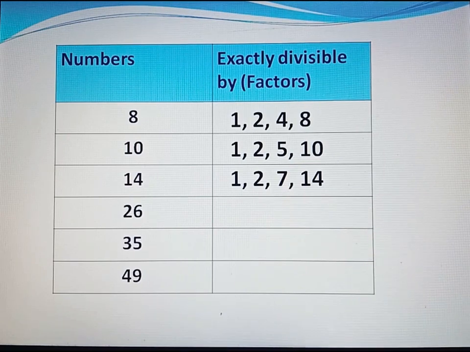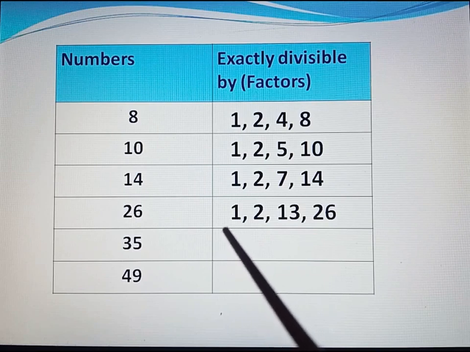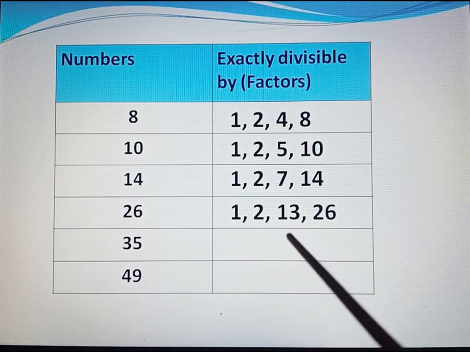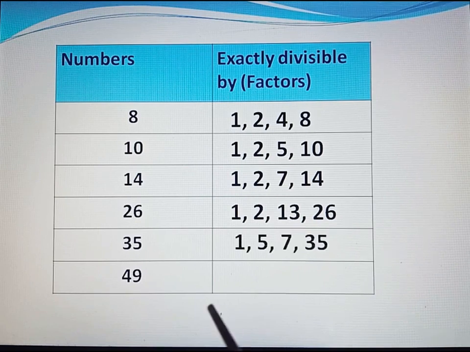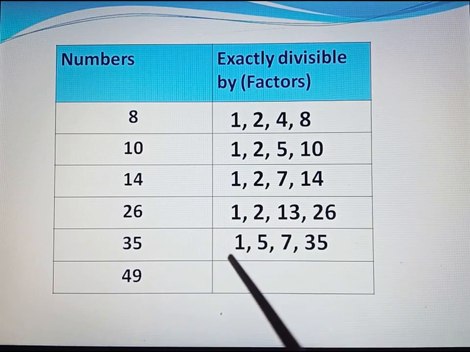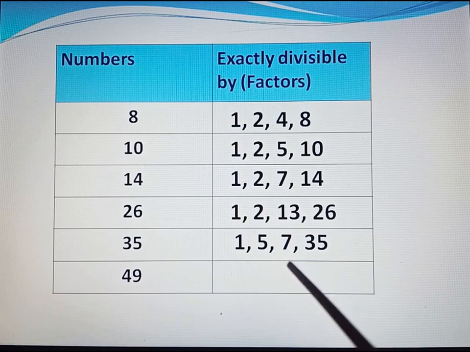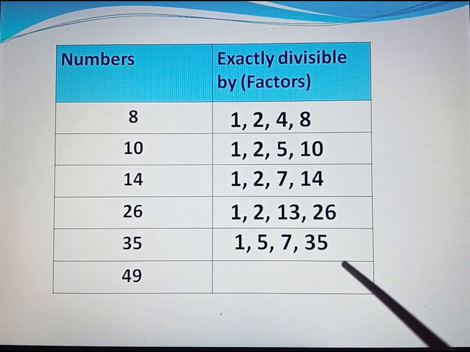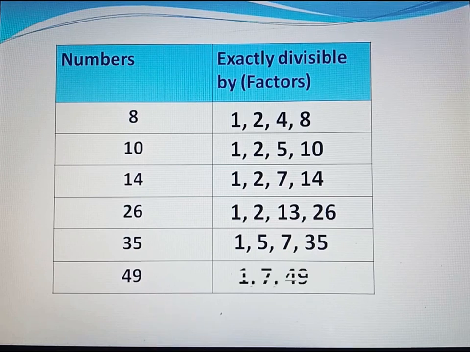Now factors of 26. 1, 2, 13 and 26. Now factors of 35 are 1, 5, 7 and 35. Now factors of 49. That is 1, 7 and 49.